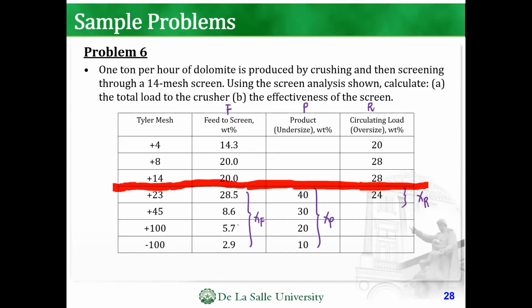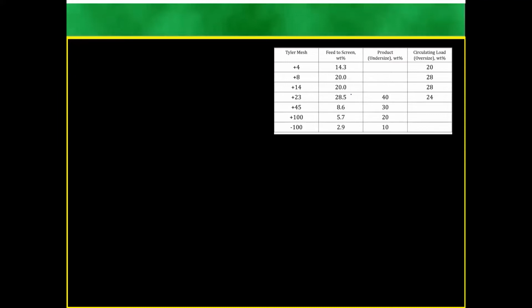So with this, can you help me? What is XF, guys? This one, that's XP. This one's easy. That's XR. Can you give me what XF is? Can you add those?